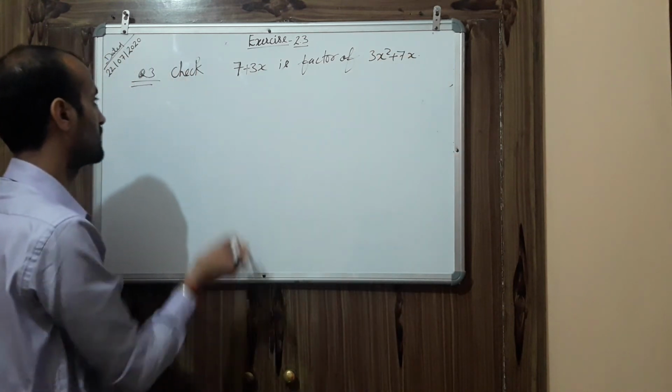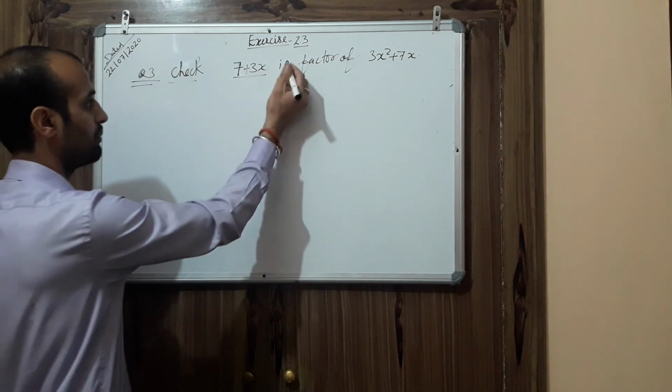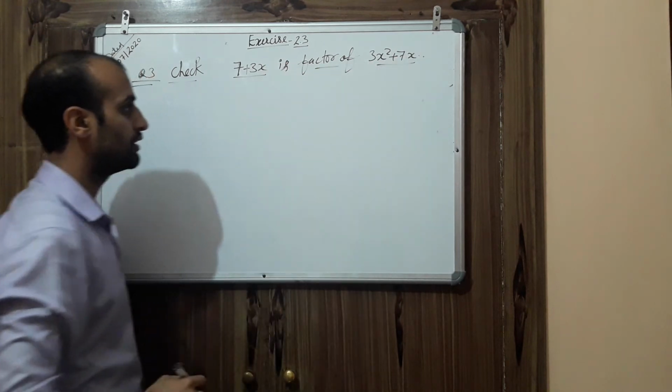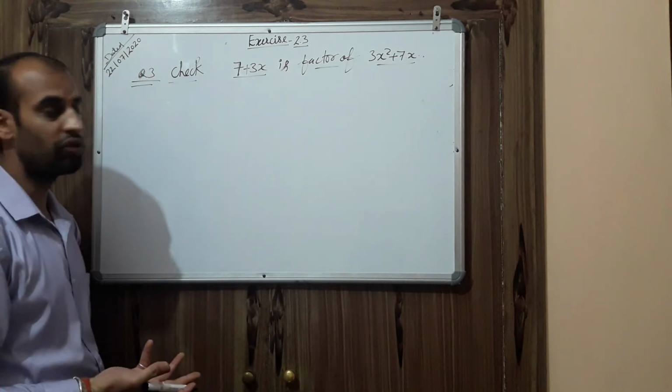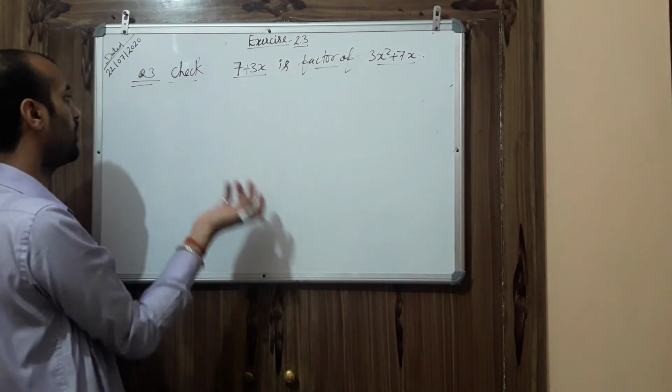This is the question to us. We are going to check whether 7 plus 3x is a factor of this one. So once again the question is that we are going to find out whether this is divisible or not.